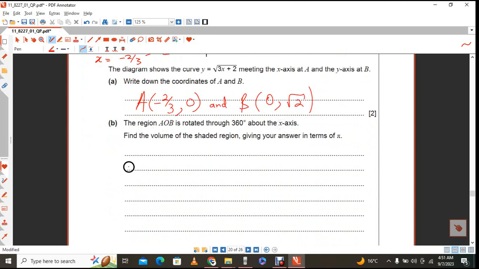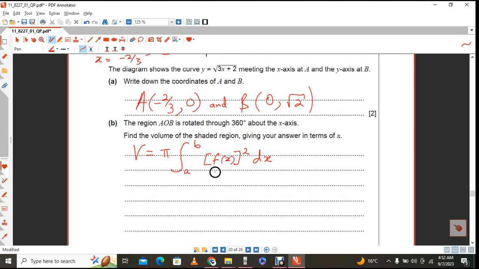Importantly, you need to know the formula for the volume of a revolution, which is V equals pi times the definite integral of whatever your function is. Let's suppose our f of x, which is our y, squaring that, with respect to x.